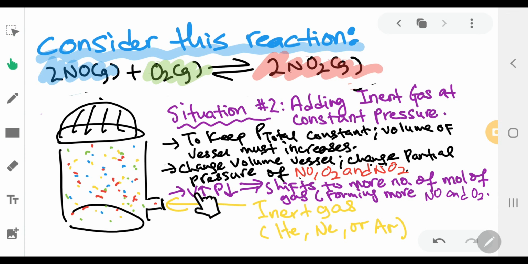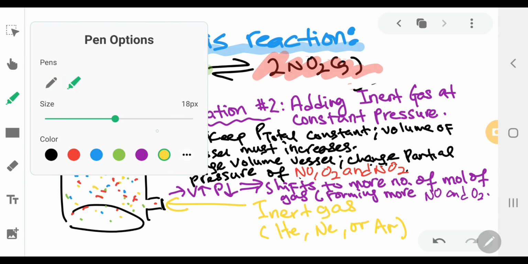When the volume increases, pressure will decrease. Okay, pressure will decrease. It will shift to the side with more moles of gas, forming more of the NO and O2. You're going to be forming more of this because you want to shift to the side with more moles of gas. So remember, we have talked about this in the beginning of the video.